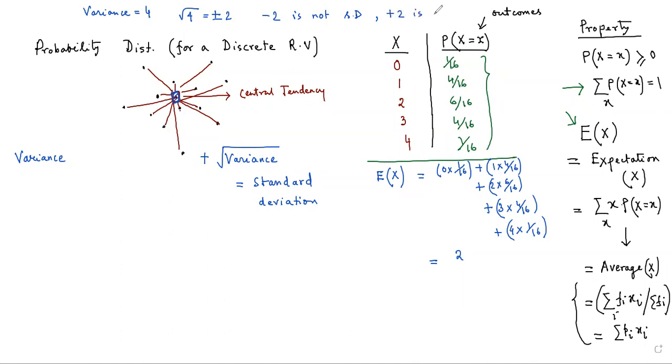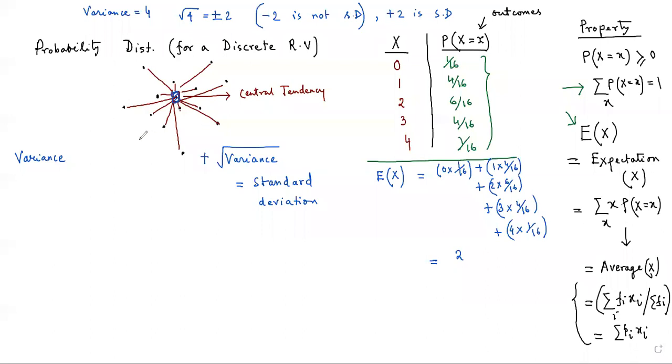Why is it so? Because standard deviation is the measurement of distances of the other points from the central tendency, and distances cannot be negative. So we only consider the positive square root of the variance. Remember this particular fact.